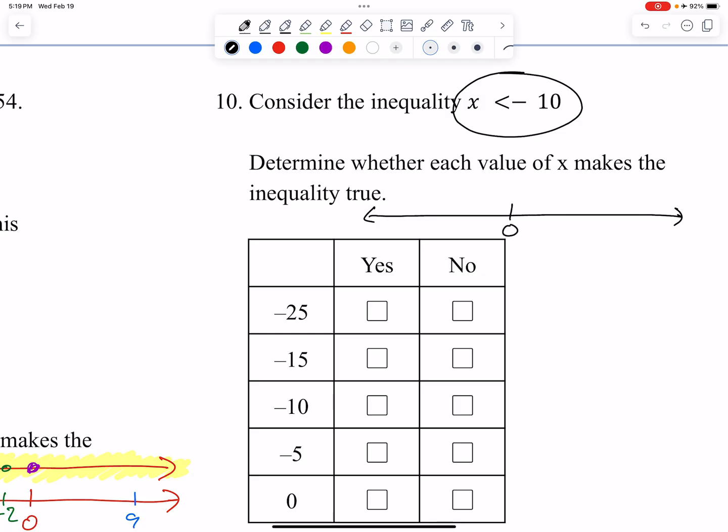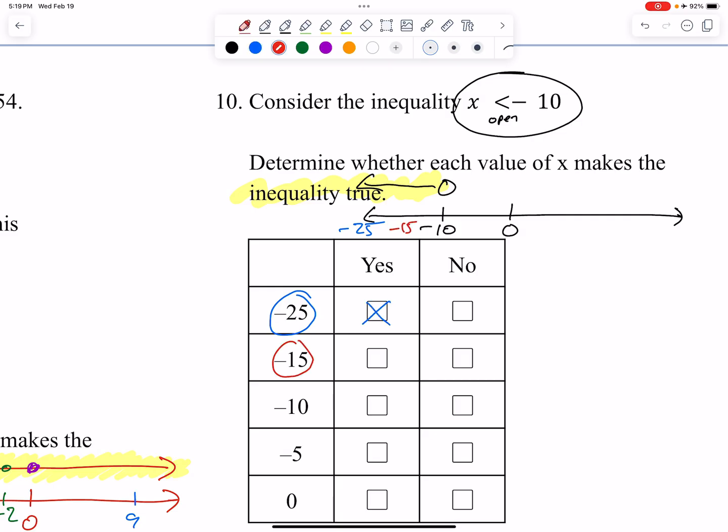Our boundary point is at -10, so that's somewhere in the negative area. It is going to be open because there's no equal sign, and it goes towards the left. So that means for me that all of this is okay. So let's check each one of our locations. -25, somewhere over there. Does that work? Yes.